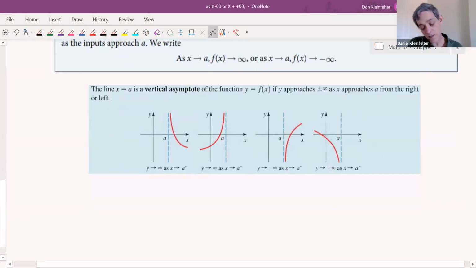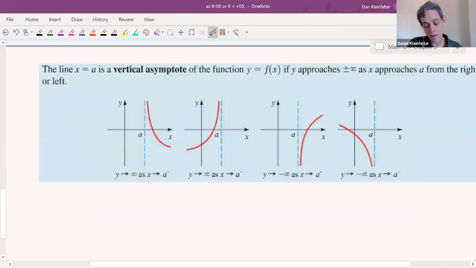How this looks on the picture, here the vertical dashed line is going to be the asymptote. We can have it increasing from the right side towards positive infinity. It could increase towards positive infinity on the left side. The other two possibilities, decrease towards negative infinity from the right or left.